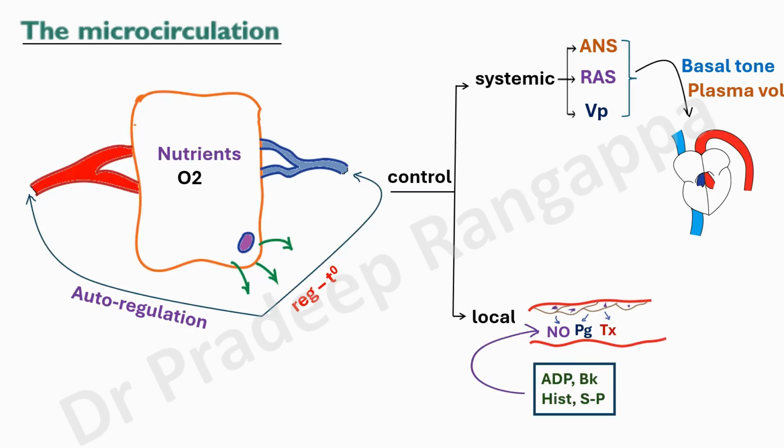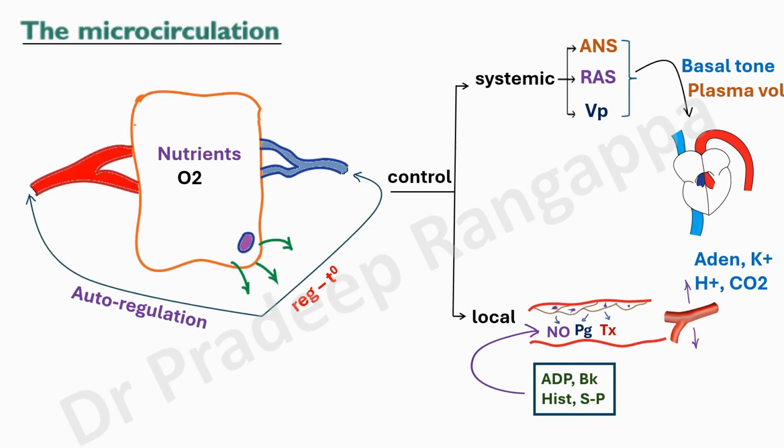There are other agents like ADP, bradykinin, histamine, and substance P, which trigger the production of nitric oxide by the endothelial cells.